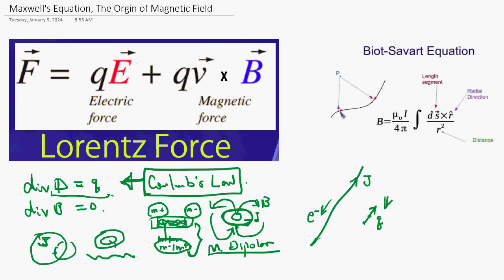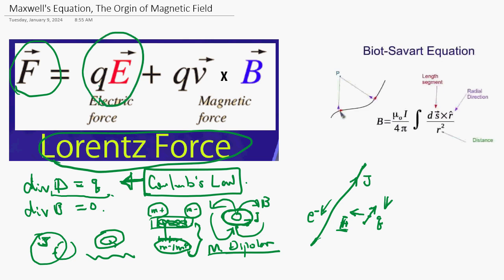This velocity near this current is going to generate a force, and that's called the Lorentz force. Lorentz said the force has two components. This is the electric field, right? Charge times electric field, and here there's no electric field. And the other one is a magnetic force.